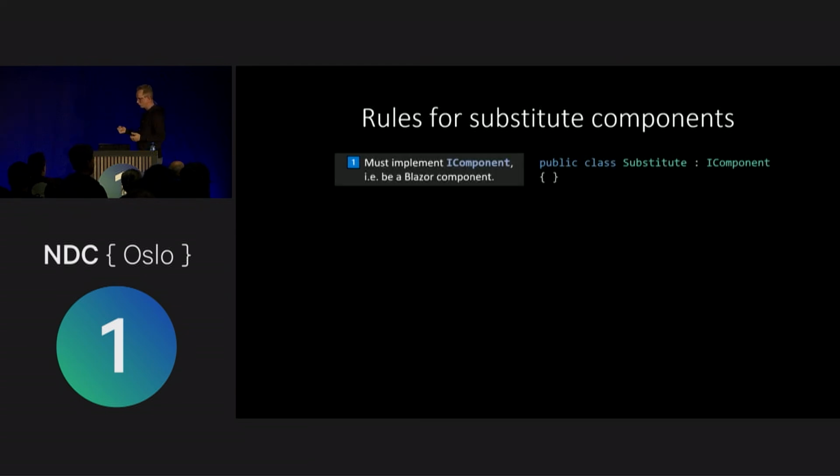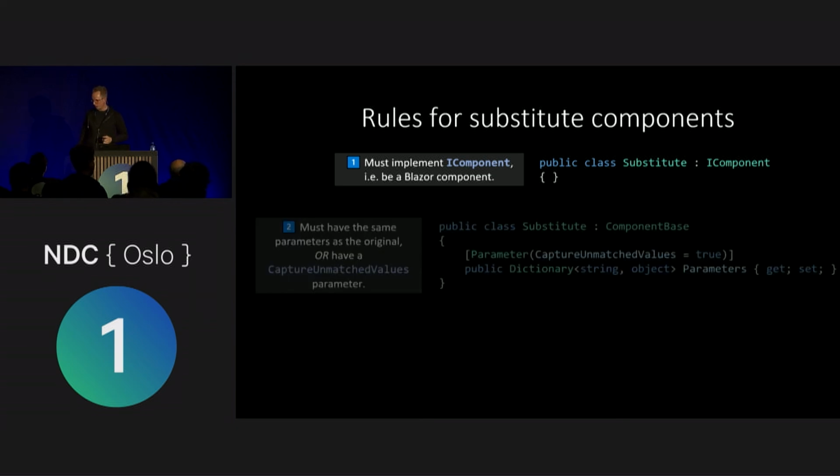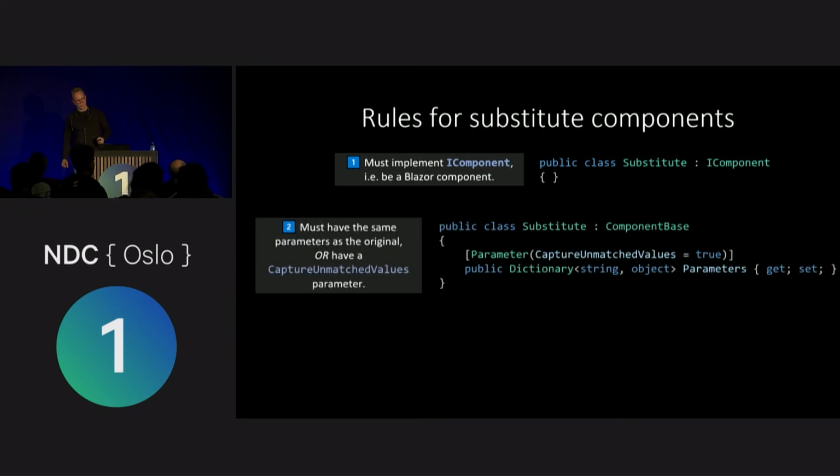The first rule is that the substitute must be a Blazor component. That means at the very minimum, it has to inherit from IComponent, which is the minimal thing that specifies that this is a Blazor component. Another rule is that it must have the same parameters that the original component has.